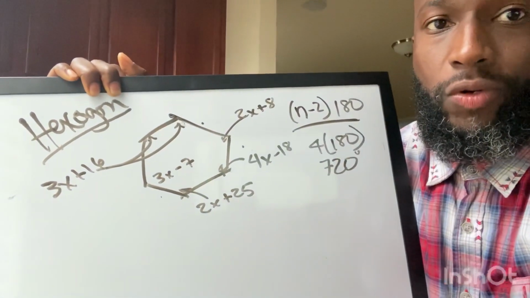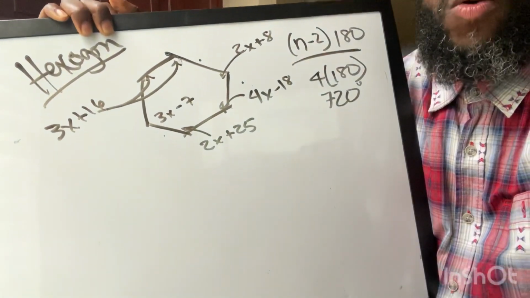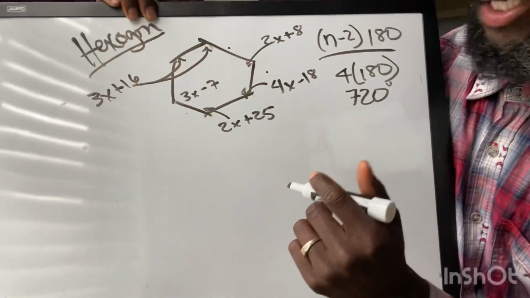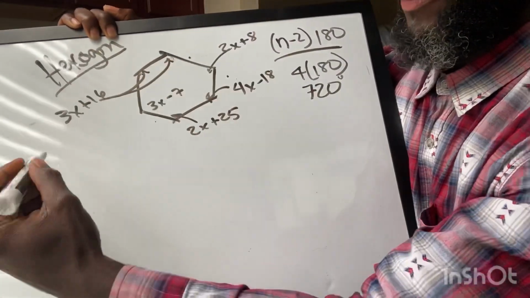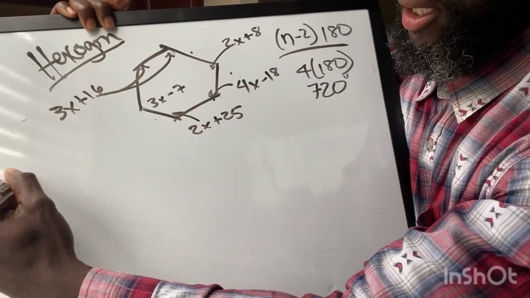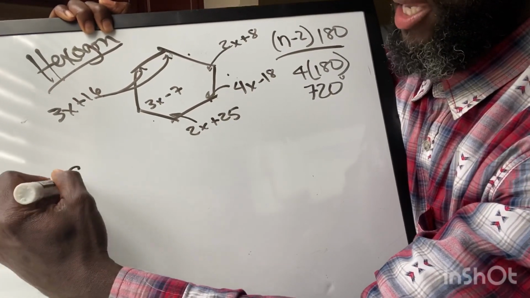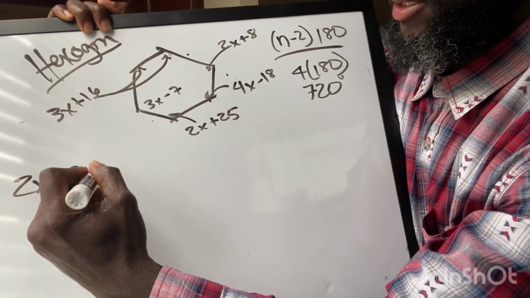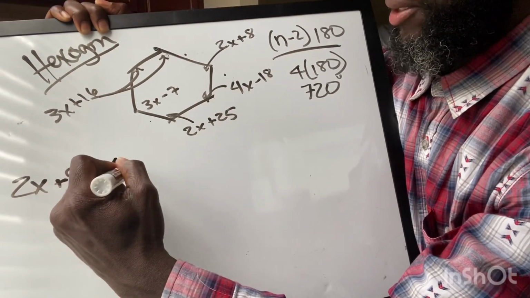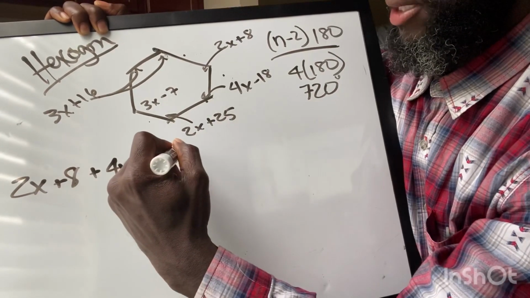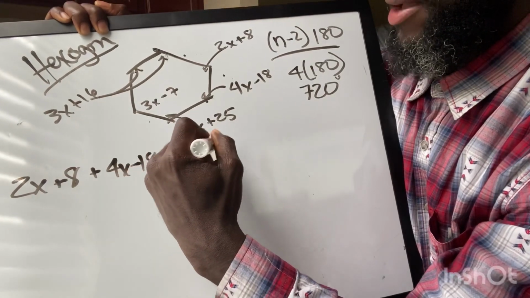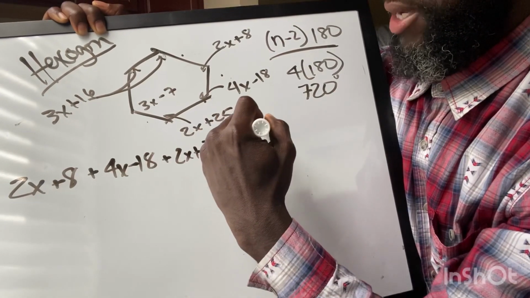All right, let's scroll down. Based on all our shapes, we'll start here. So it's going to be, can you see this? Yeah, 2x plus 8 plus 4x minus 18 plus 2x plus 25 plus 3x minus 7.